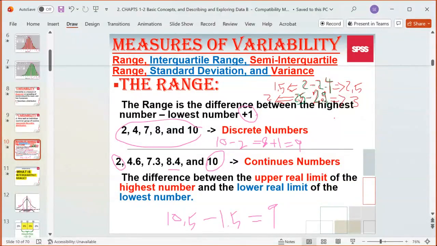The upper real limit for 2 to 2.5, we just put U here and U here, and then for the lower real limit, put L here, L here.